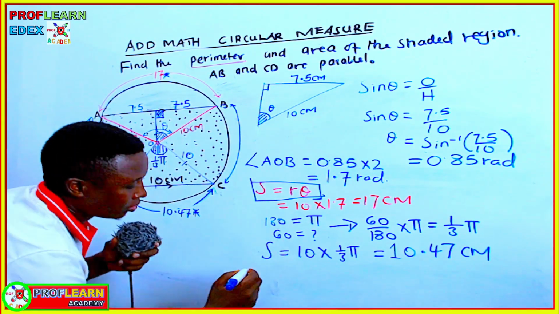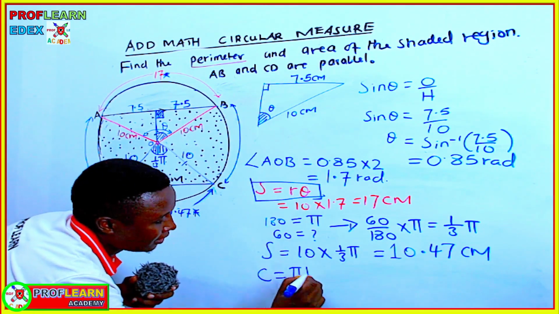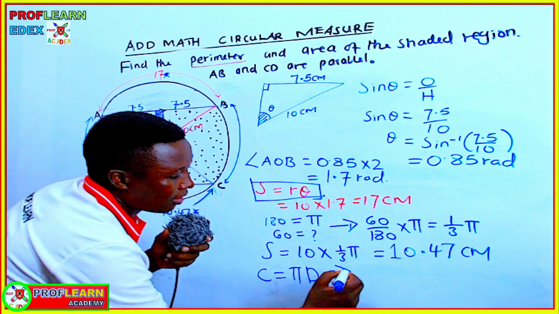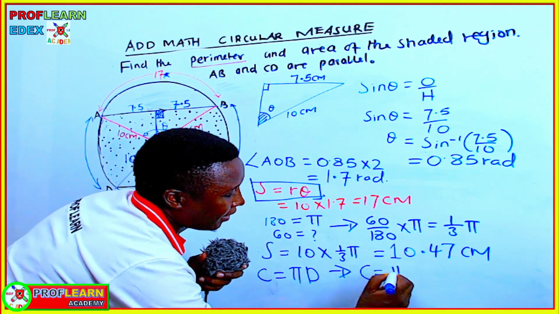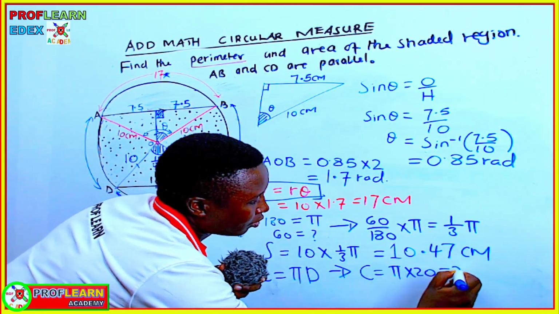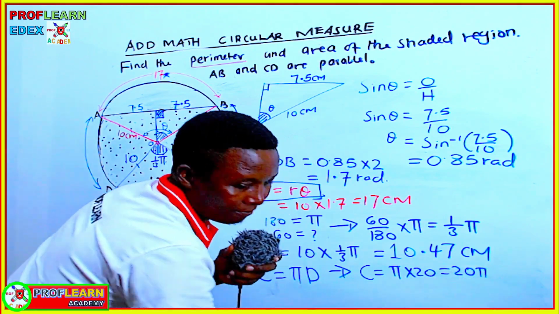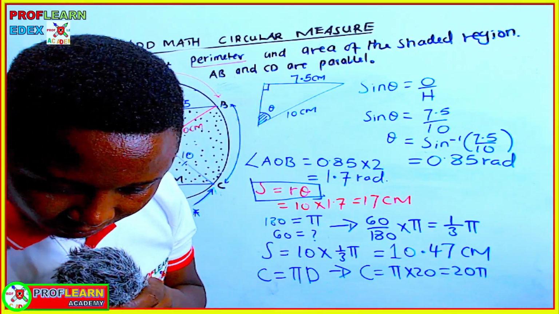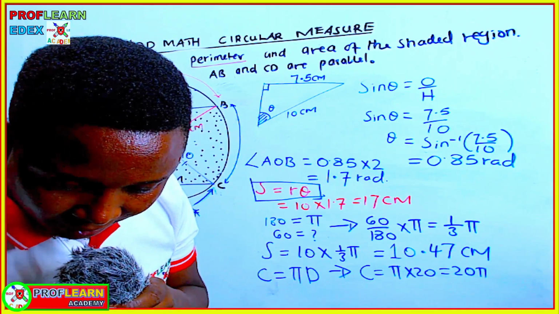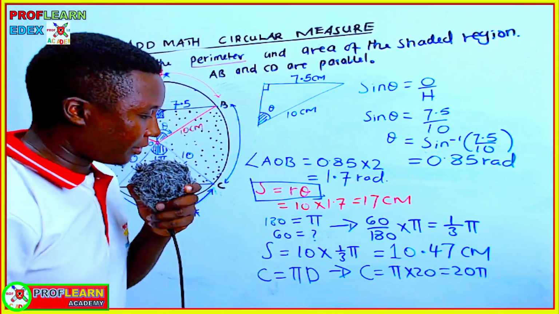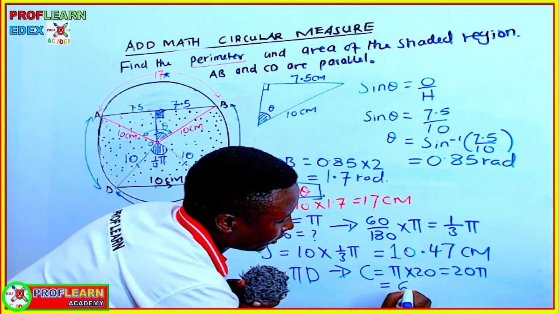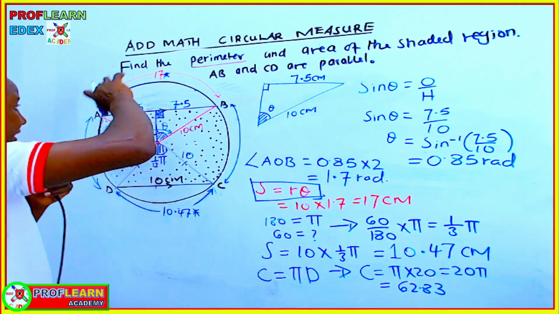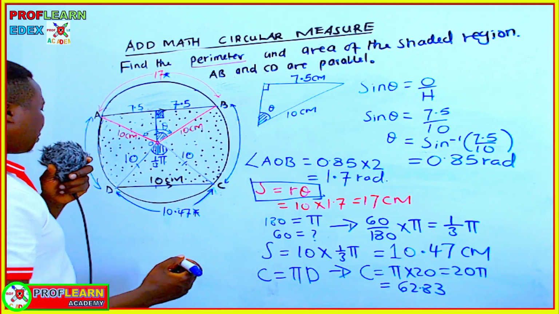Circumference is pi d, which in this case is pi times 20, so 20 pi. 20 pi is equivalent to 62.83.